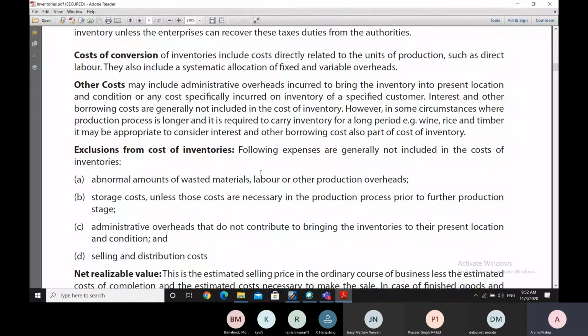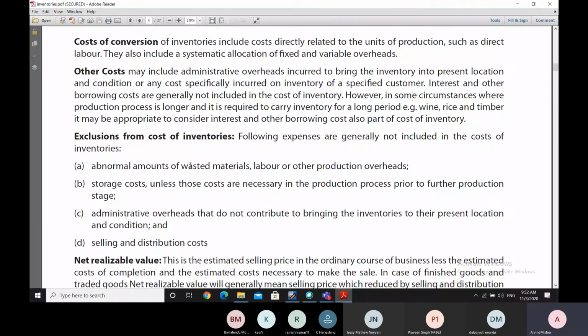It is possible abnormal expenditure has happened on labor or on production overheads, or abnormally some items have been wasted. But this abnormality will not get included while valuing the inventory.